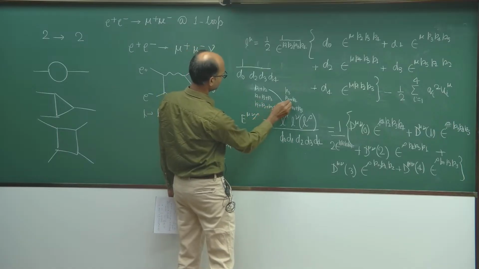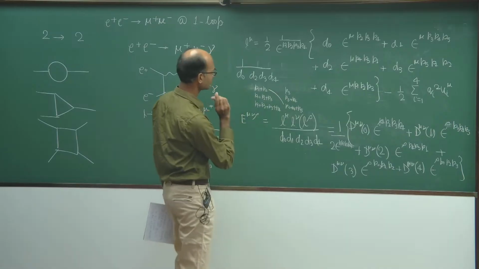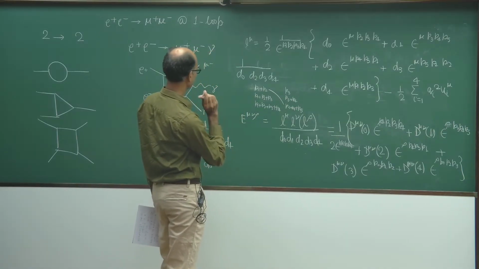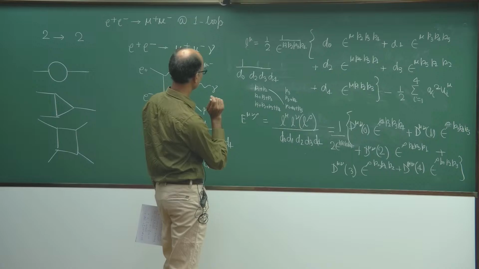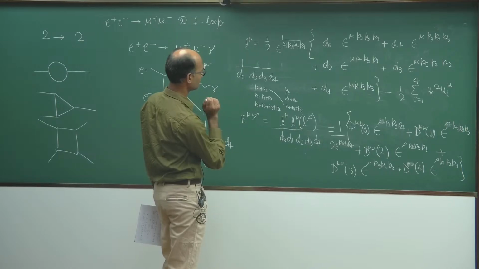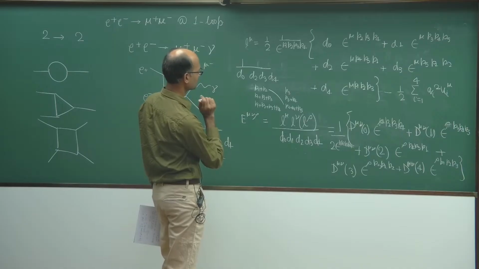P1, P3 plus P4, what is happening? Am I missing something? P3 plus P4 plus P5, P3. One of them will not contain any momenta, only L square. Which one?